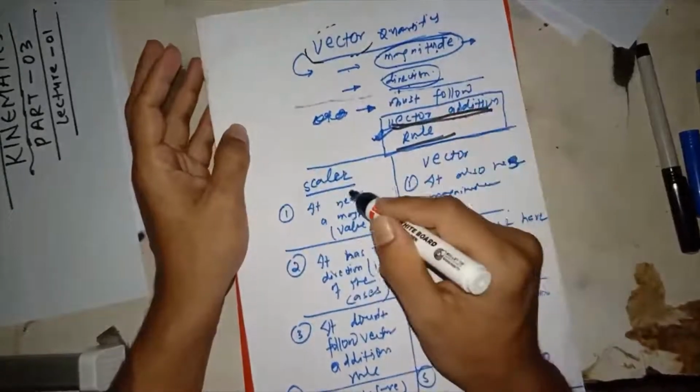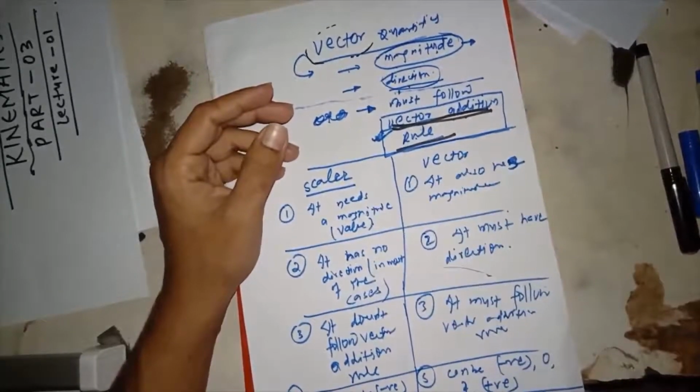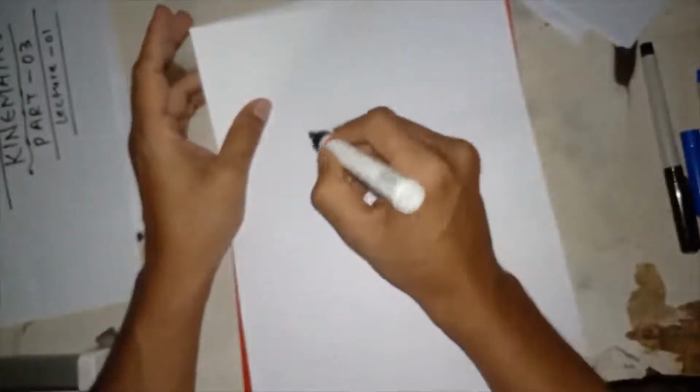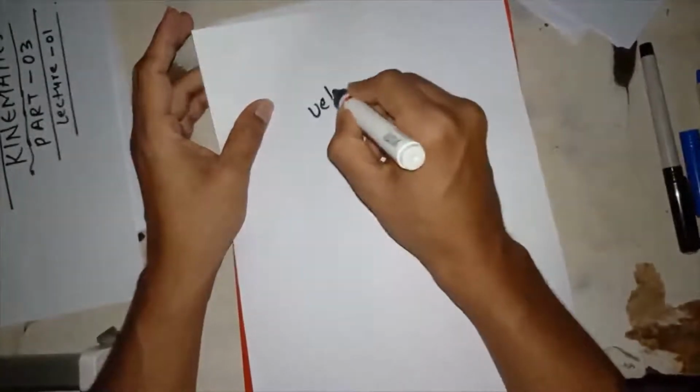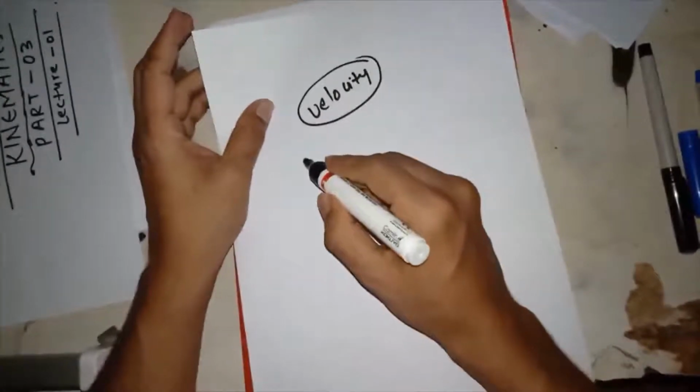So what is the difference between a scalar and vector? First of all, I give you some example for the vector quantities. Velocity is a vector quantity. Why is velocity a vector quantity?